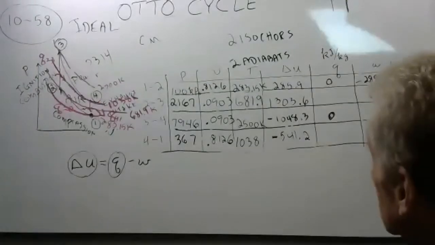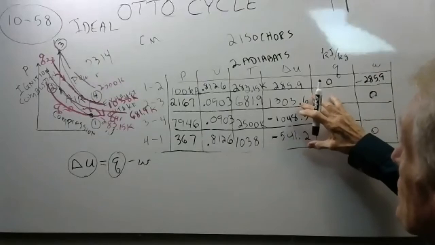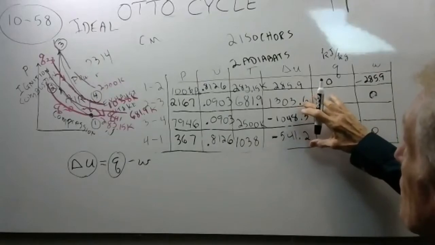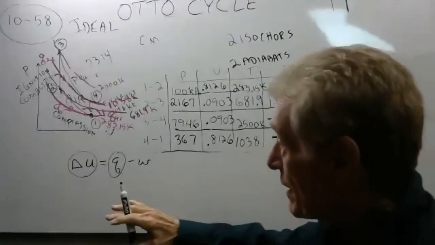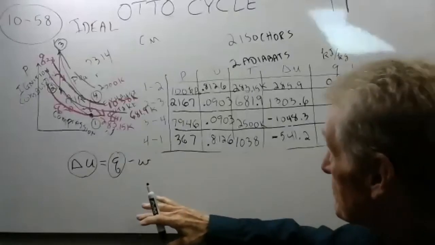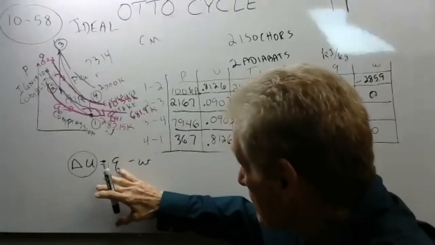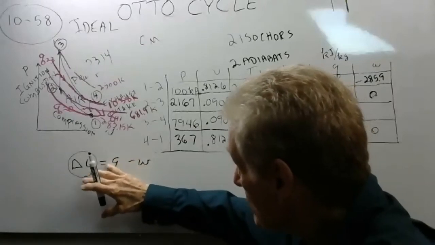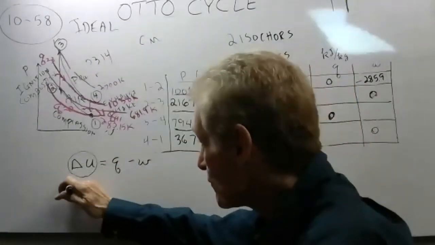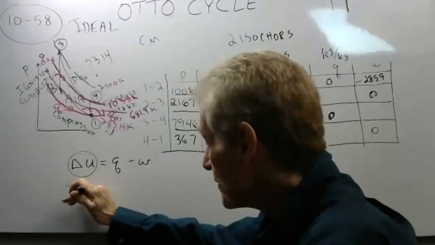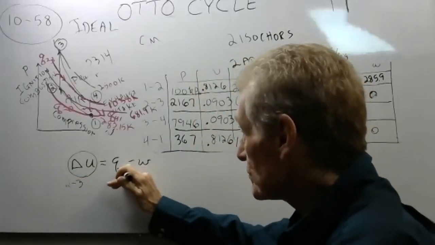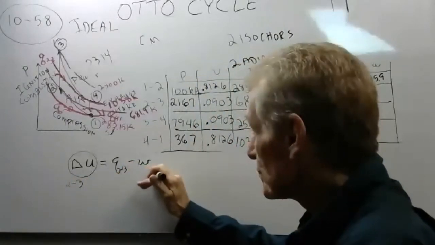Okay. Well, let's do the first law from 2 to 3. Now, going from 2 to 3, it's a little different. When you're going from 2 to 3, you got the Q23 and the little W23.